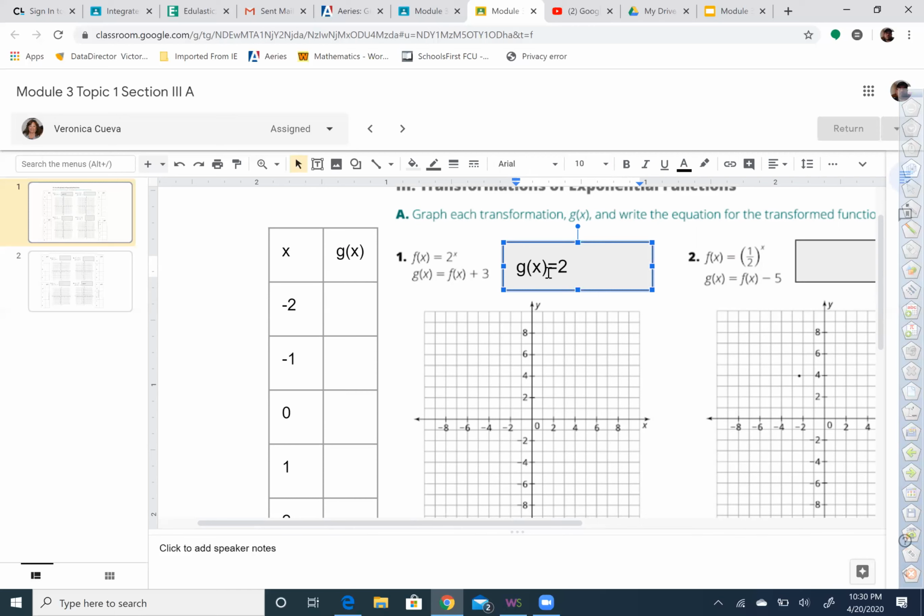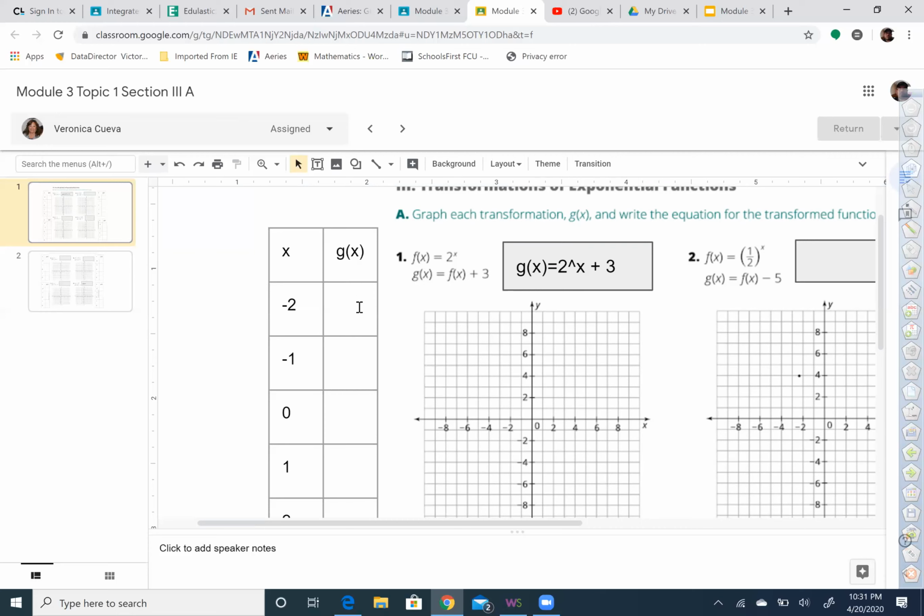I don't have the editor, so I'm going to write it like this: 2 to the x, and then plus 3. That's going to be our new g of x, so 2 to the x plus 3.